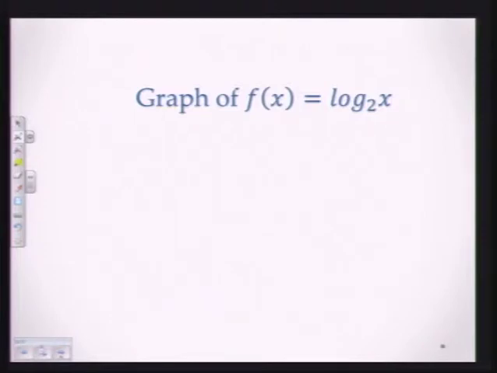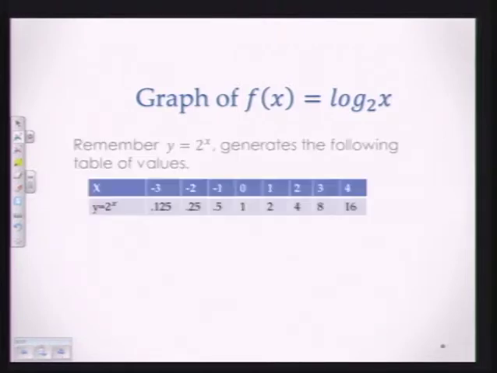First of all, we'll look at the graph of f of x equals the log base 2 of x. As you look at that, we're going to remember that if we have y equals 2 to the x, that's our exponential counterpart to this logarithmic function, we generated the following table of values.